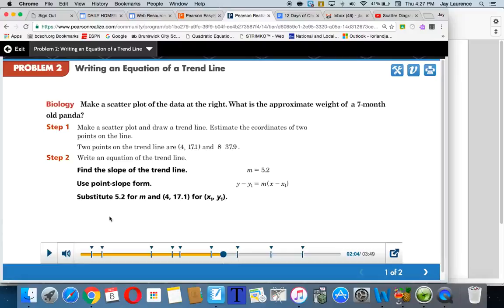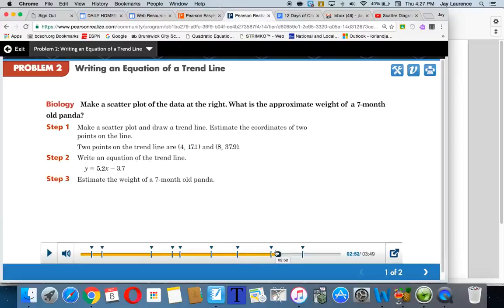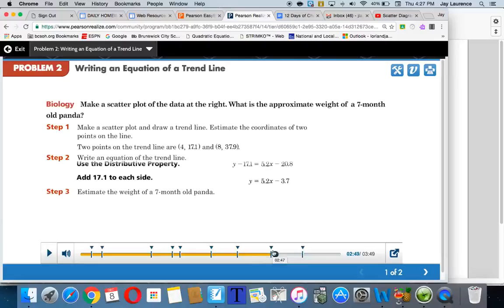My apologies. All right, so now they're going to use point slope form to help them write the equation of the line, right? Using point slope form. And then they are going to convert it to slope intercept form. And there they go, okay? Now, they want to estimate the weight of a 7-month-old panda.